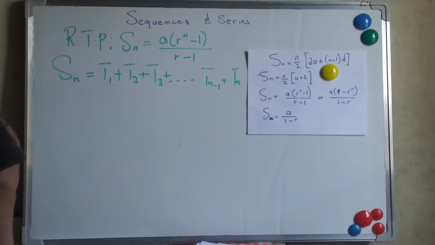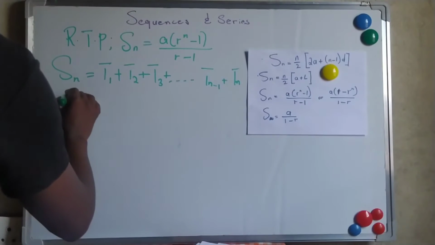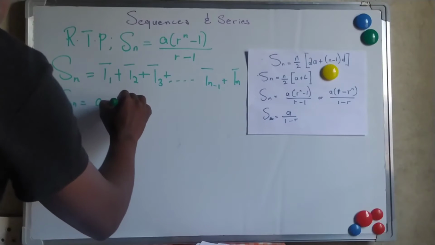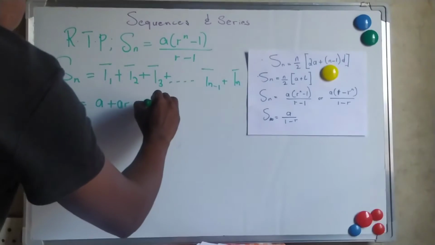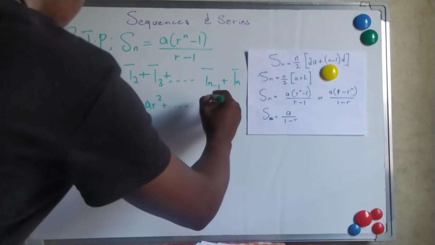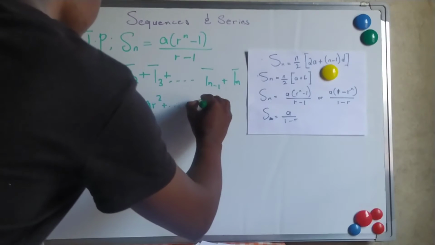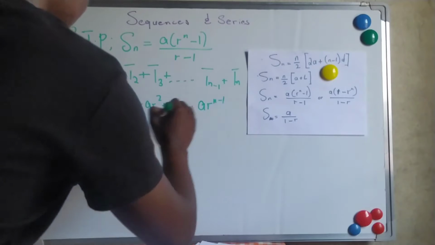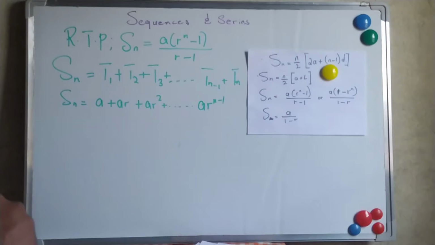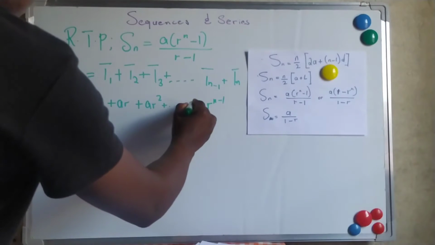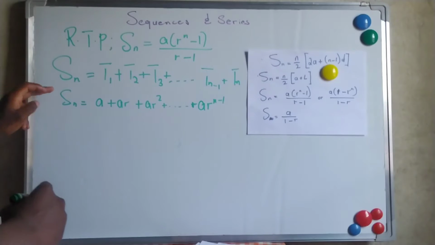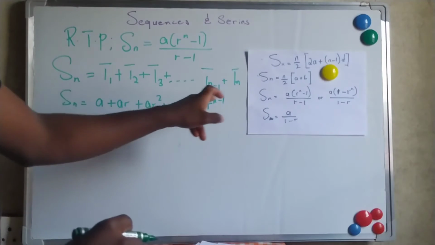When this is so, we can convert this to say Sn is equal to a plus ar plus ar squared plus, I'm just going to put the last term for now, ar to the n minus 1. This would be n minus 2 before it. Once we have this, we multiply the whole thing by r.